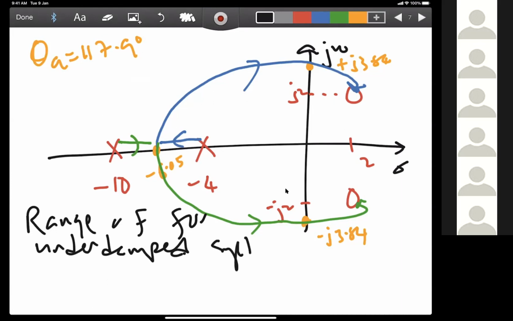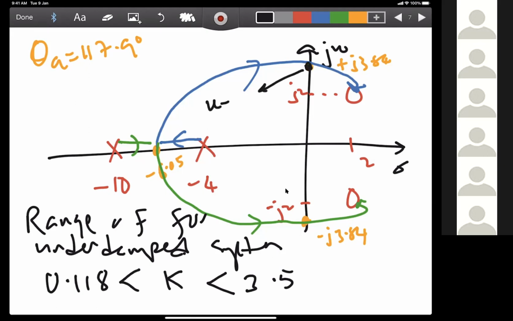system is 0.118. That is from the breakaway point through the K of 3.5. 3.5 is the reading of this one here. K 3.5, and here the K is 0.118, 0.1177.